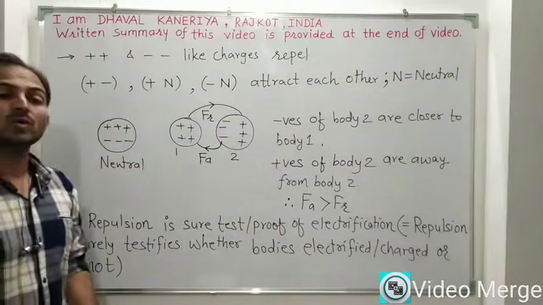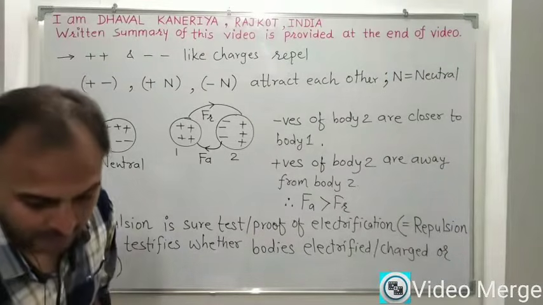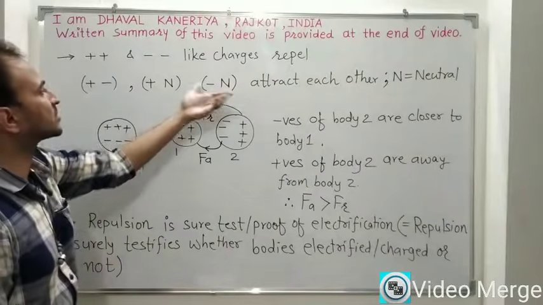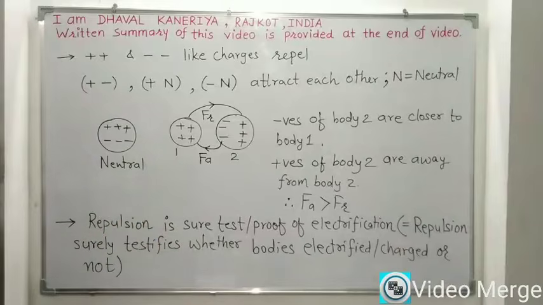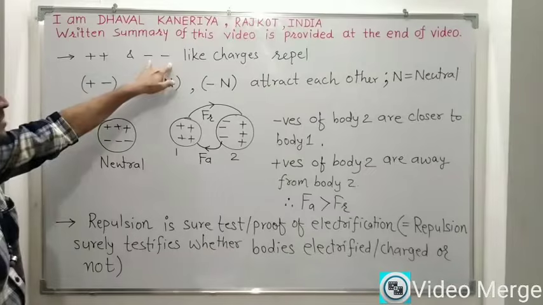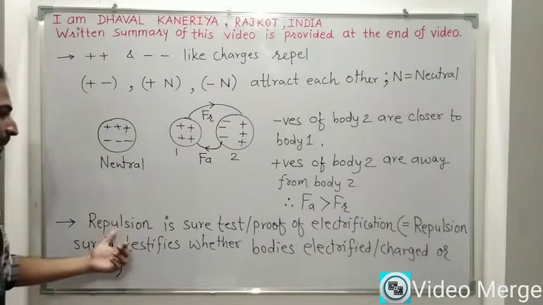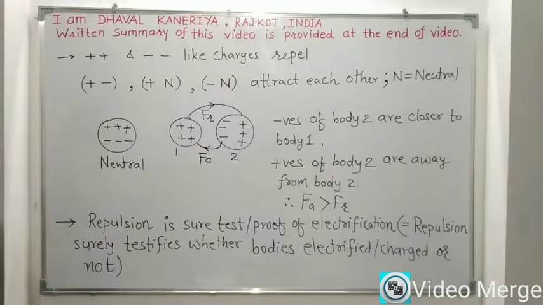If we want to know that whether two bodies are charged or not, then attraction cannot be used, because attraction is possible even between a neutral body and charged bodies. But if there is repulsion between two bodies, then it surely means that both must be positive or both must be negative. So both are electrified. That's why repulsion is sure test or the proof of electrification.